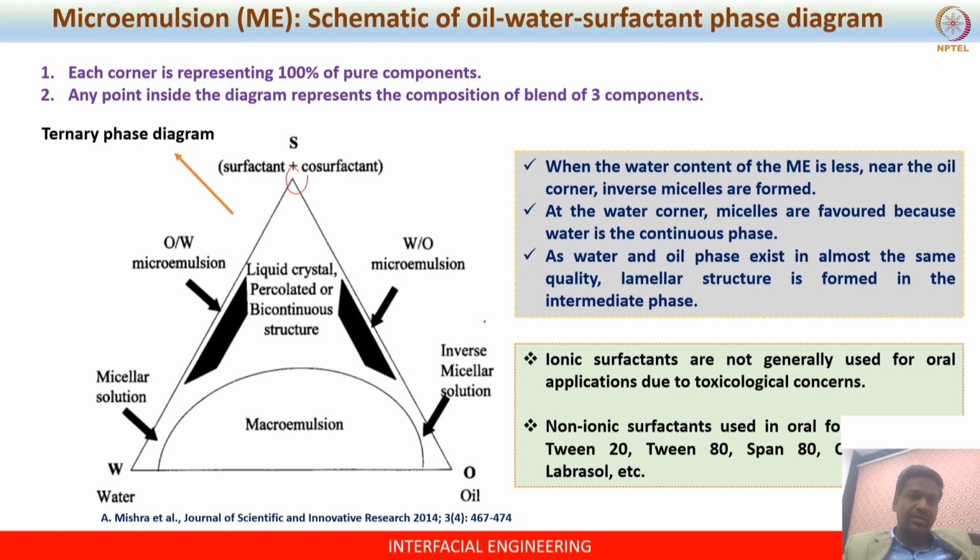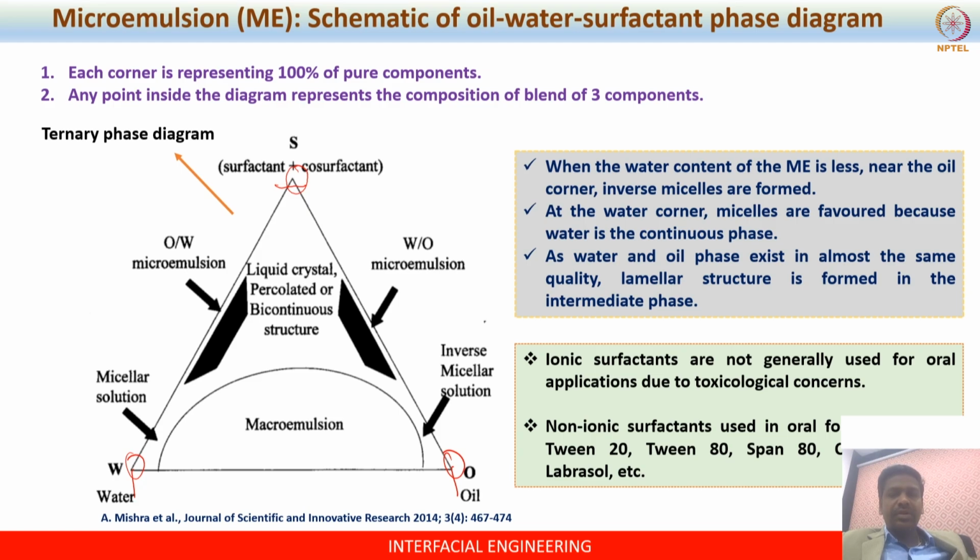Let's say this corner, this corner and this corner. Each corner represents 100% pure components. In this case, you have 100% water here, here you have 100% oil, and here you have 100% surfactants.